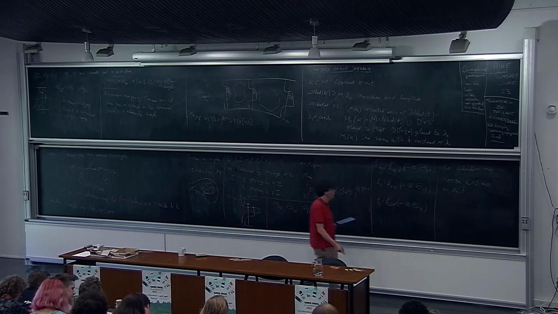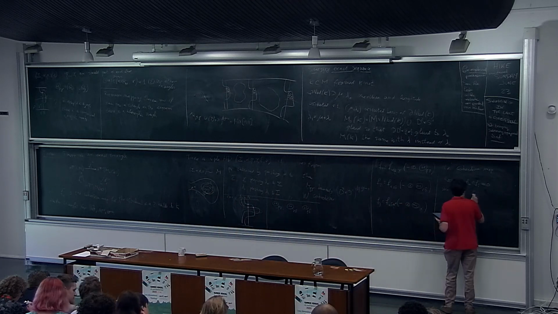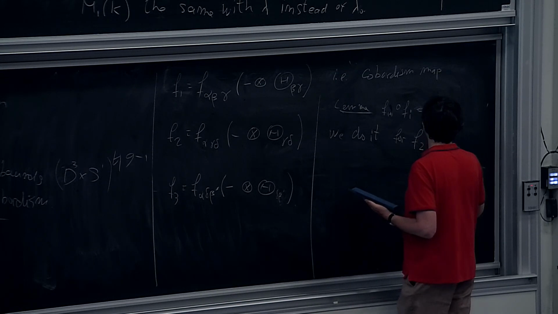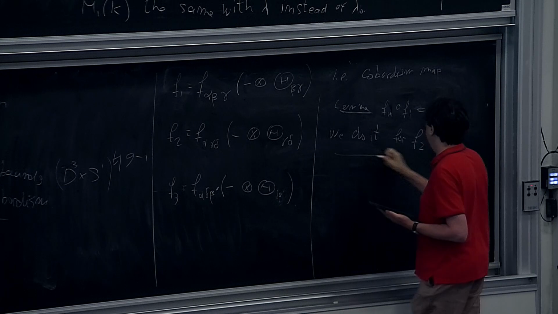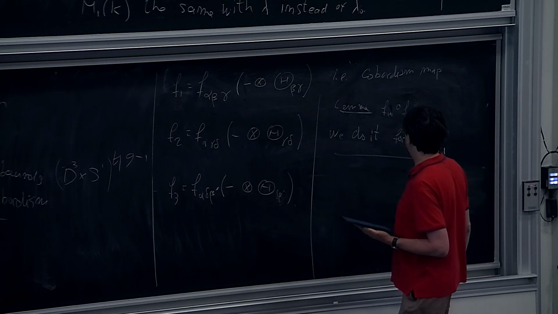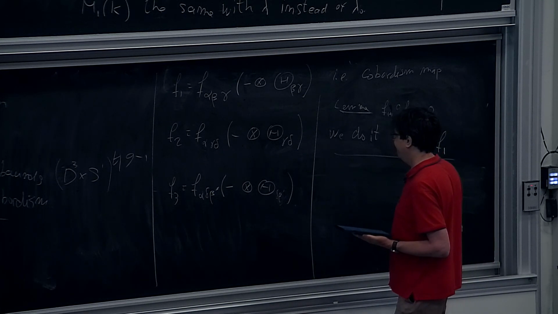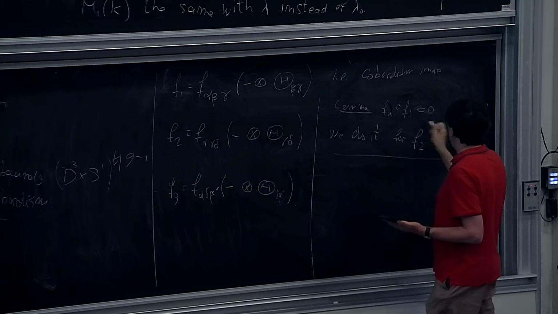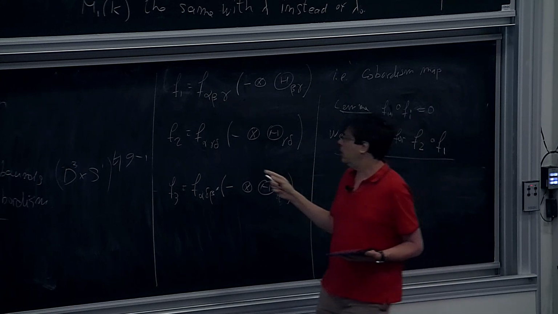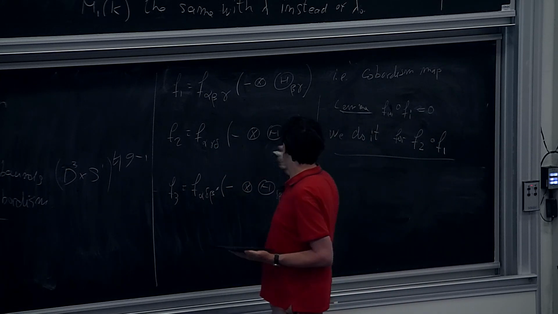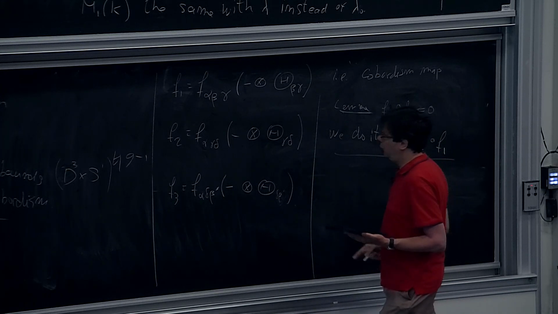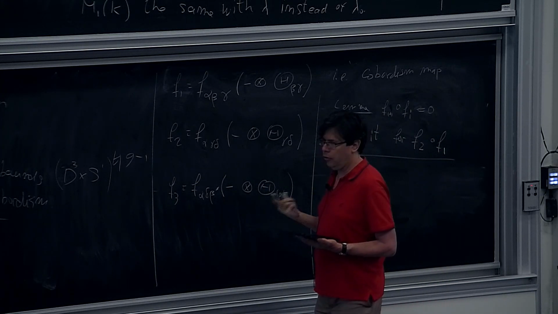So we do it for F2 composed with F1. And what we do is show that the chain map, here the map in homology, is homotopic to zero.